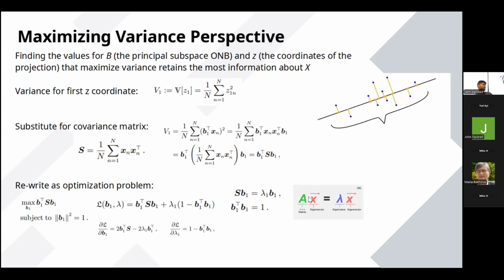It's basically this matrix of vectors that are invariant under the transformation, and are equivalent to each eigenvalue times the original matrix times the eigenvector. So what this basically says is that the optimal basis vectors at the maximum variance are actually the eigenvectors of the matrix or data itself.